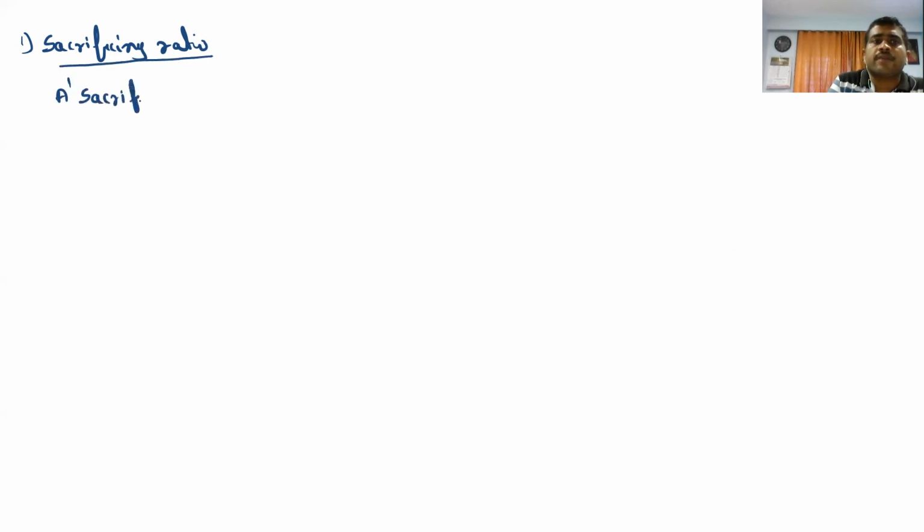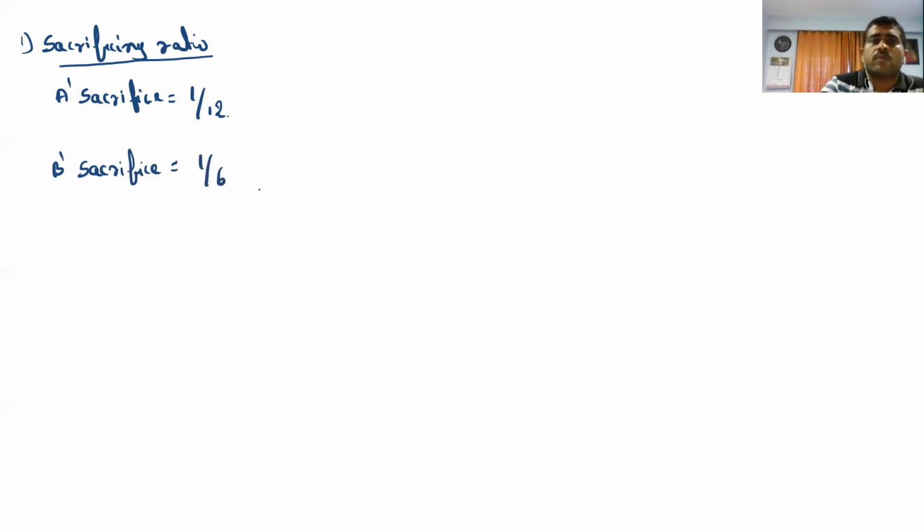So we are starting with working number 1. Give the heading working number 1. We are going to calculate the sacrifice ratio, the first one. So what they want to say, A sacrifices how much? A's sacrifice is equal to 1 by 12 share, while B sacrifices 1 by 6.